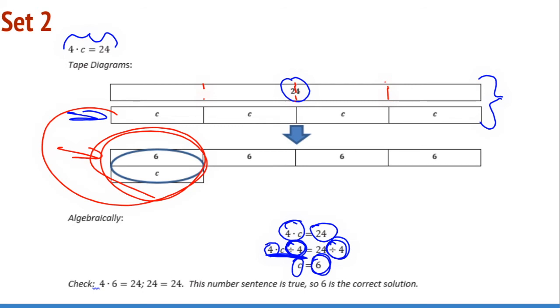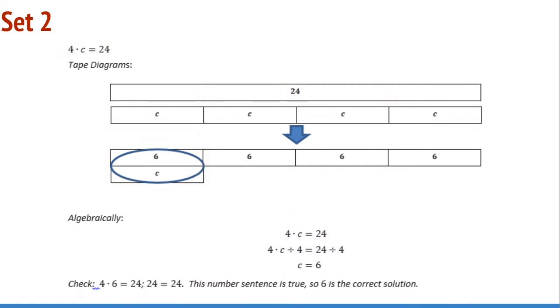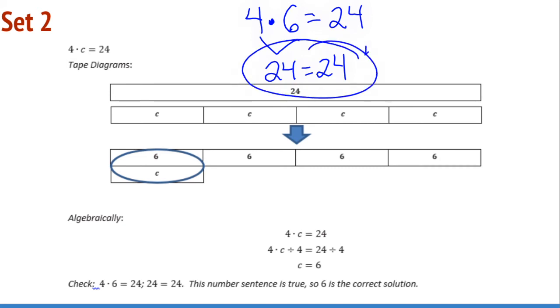C is equal to 6, and then we've got substitution to check our answer. For the substitution, I take 4, I substitute in the 6, and now I actually follow order of operations. 4 times 6 is 24, which is equal to 24. Everything checks out there.